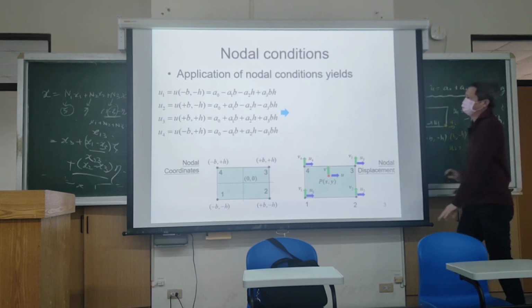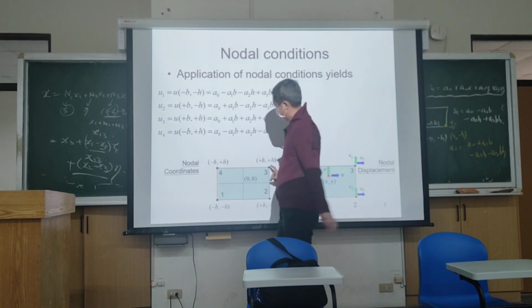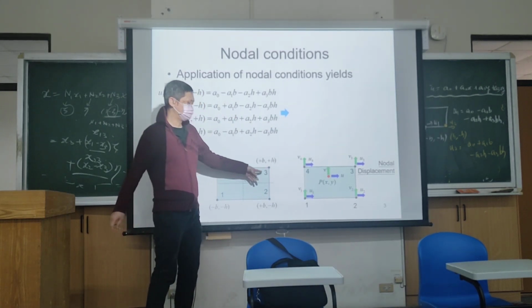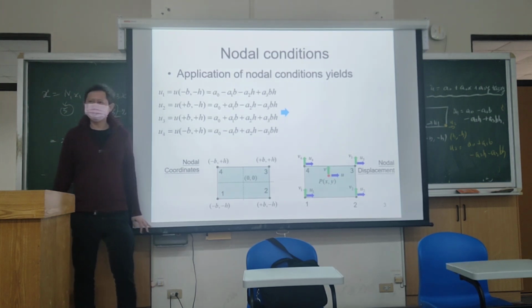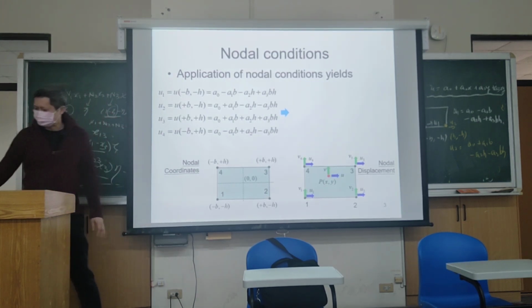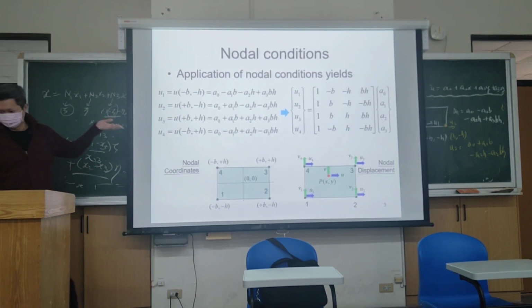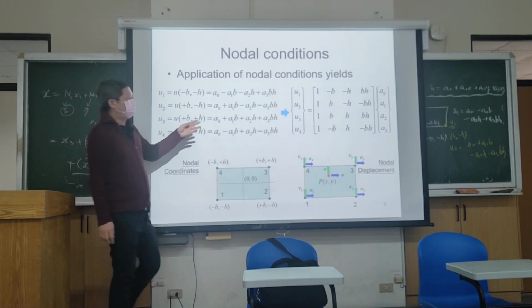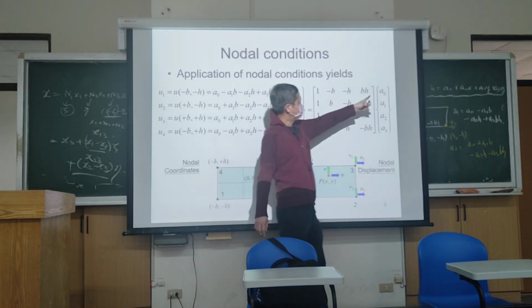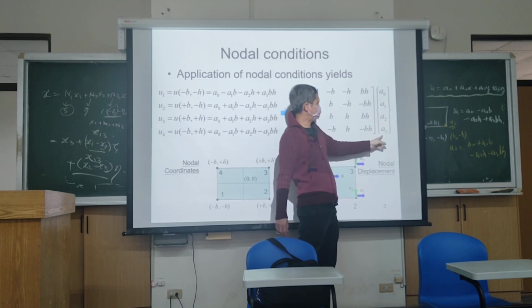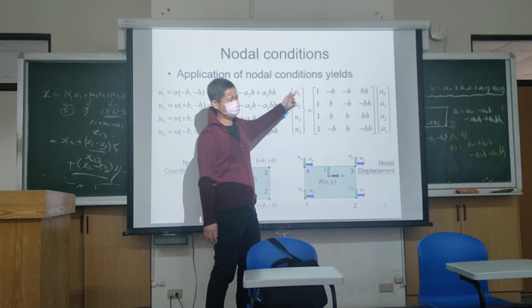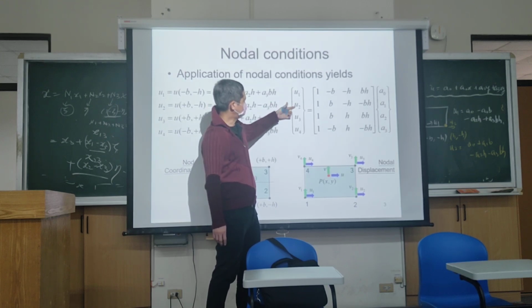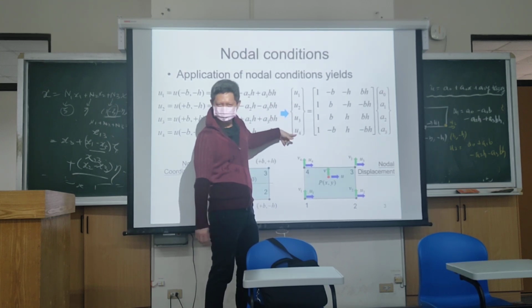Okay, you repeat the same nodal condition for node 3 and node 4. Then you're going to have 4 variables a0, a1, a2, a3 to be solved. These relate to nodal displacement 1, nodal displacement 2, nodal displacement 3, and nodal displacement 4.